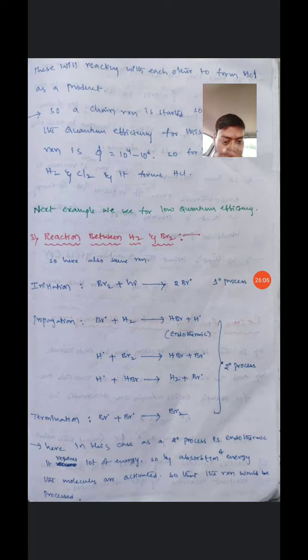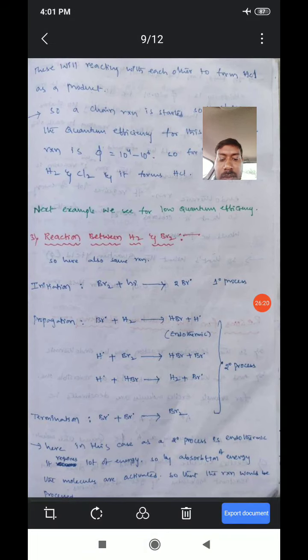Then the hydrogen radical reacts with HBr and forms H2 and Br radical. In the termination step, a Br radical reacts with another Br radical and forms Br2. The propagation and termination steps are the secondary process.